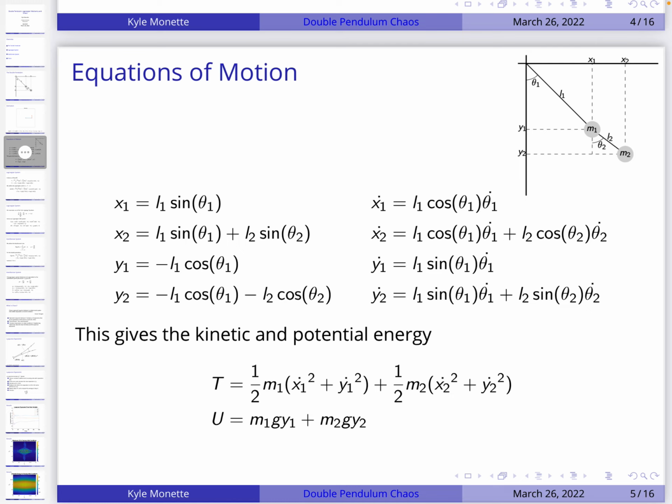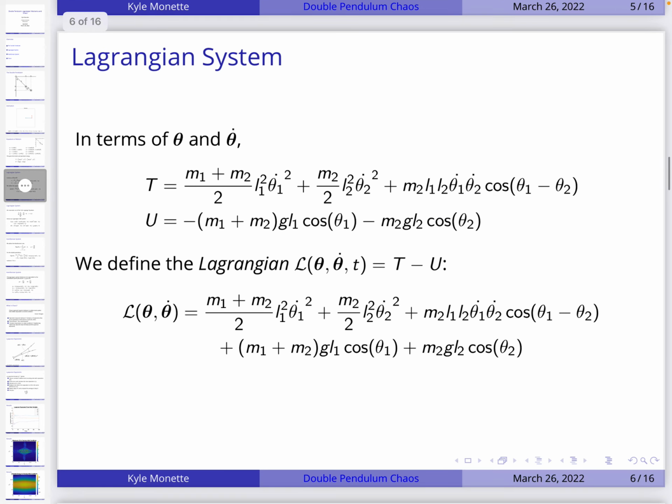Using the chain rule, that's where the derivatives come in. And this gives us the potential energy and the kinetic energy in terms of x and y, and we can convert that into theta as well, as we'll do in a minute. So if we replace the x and y with theta, we have the potential and kinetic energy.